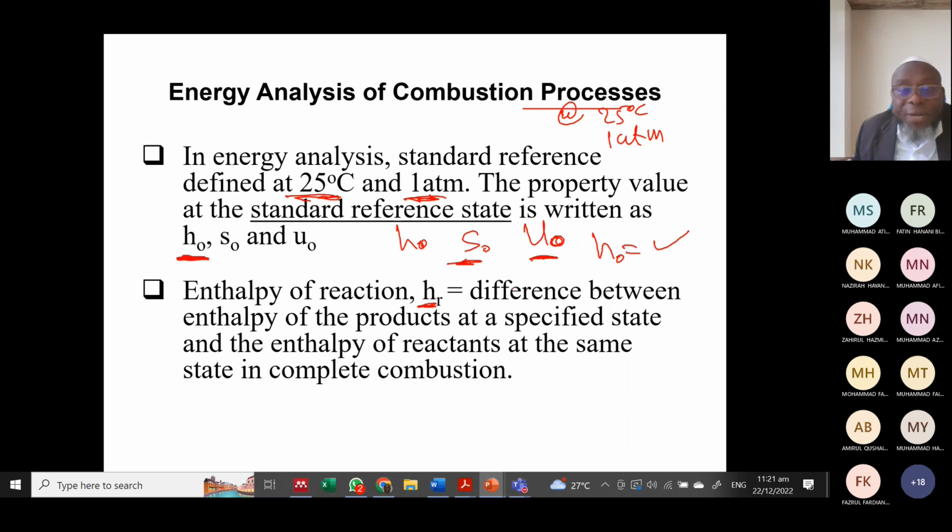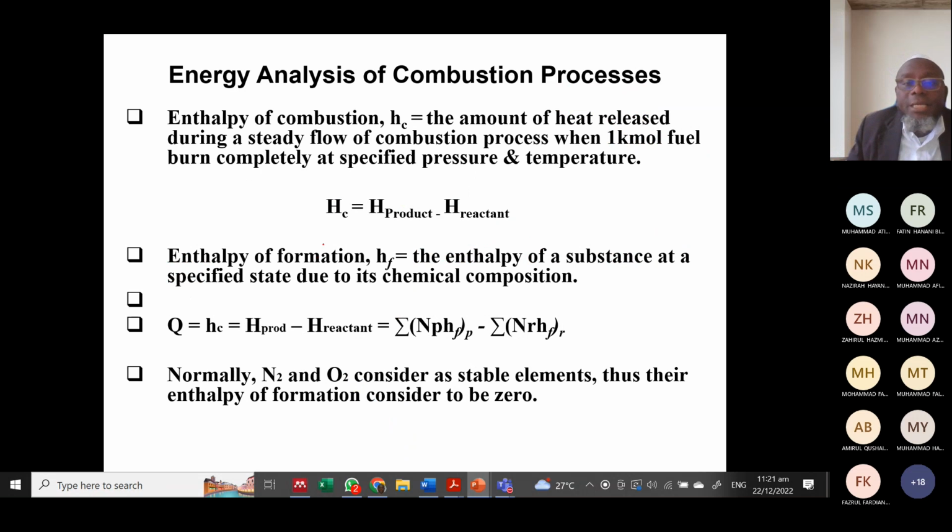So HR equals the enthalpy of the product at a specified state minus the enthalpy of the reactant at the same state in a complete reaction. Enthalpy of combustion is also given by the enthalpy of the product minus the enthalpy of the reactant, at a given state.